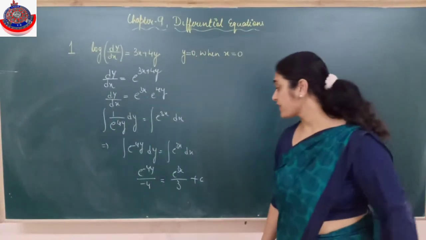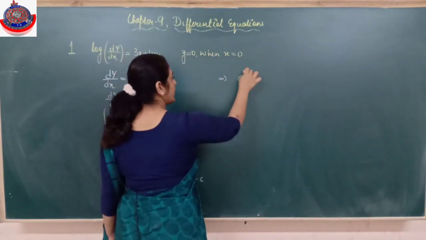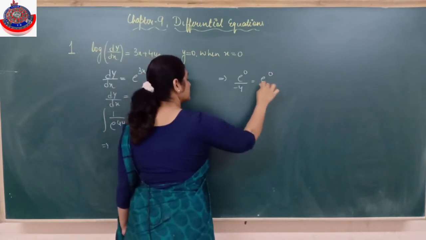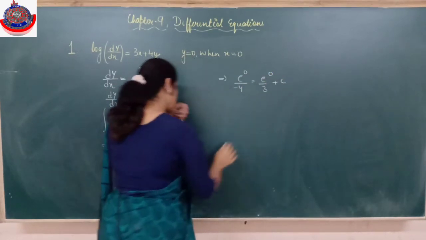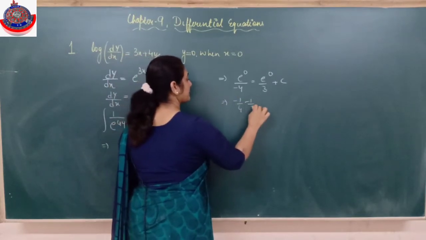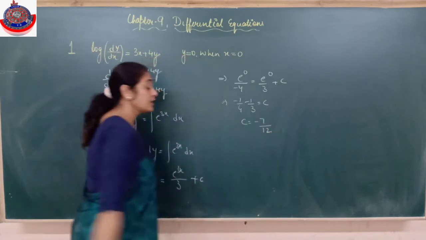Now put the values of x and y as 0 in this solution. Anything raised to power 0 is 1. So c is equals to minus 7 by 12.